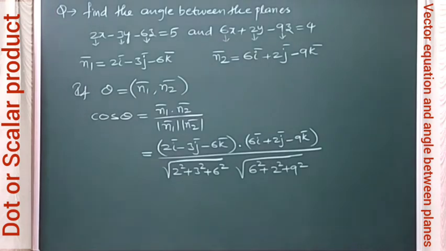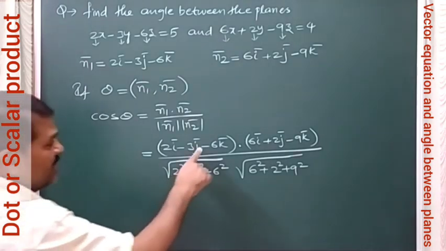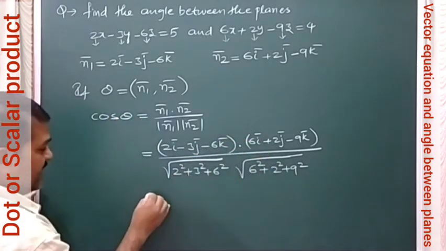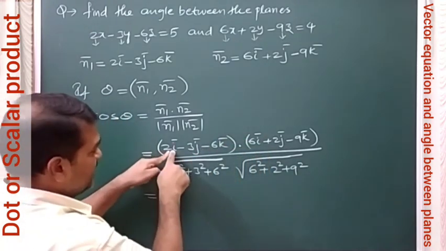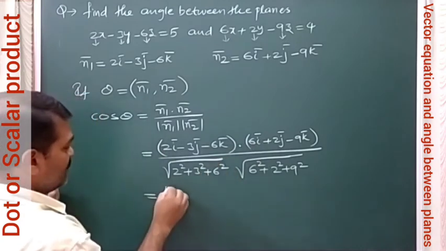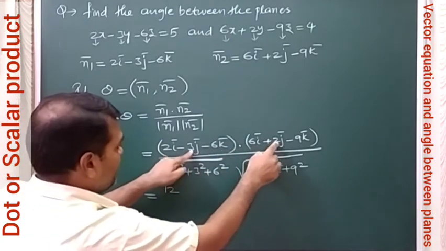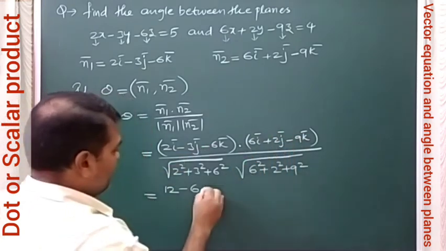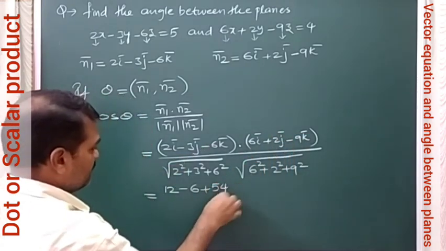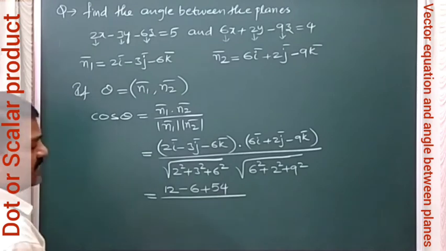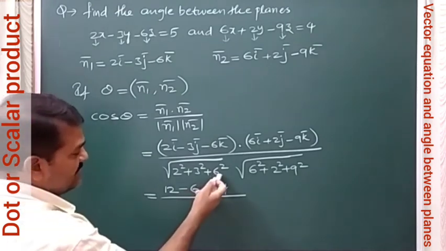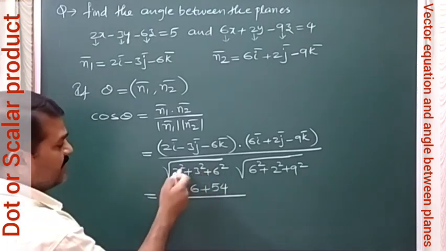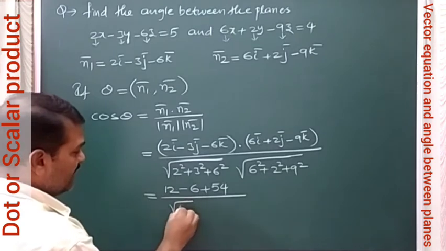Now you have to simplify. First of all, if you do the dot product of these two in the numerator, multiply i bar terms 12, j bar terms minus 6, k bar terms plus 54. Denominator, what is this? 36 plus 9 plus 4. That means root 49.